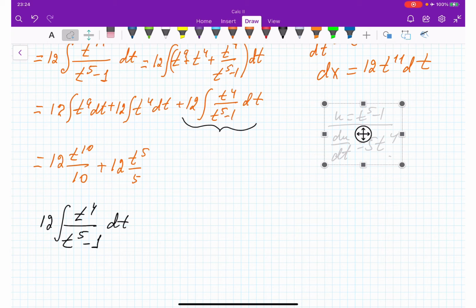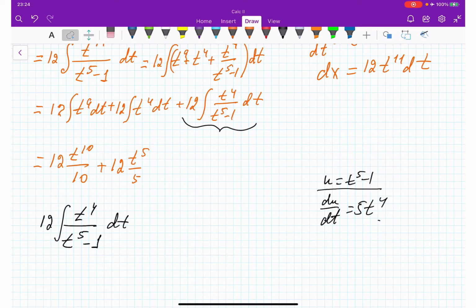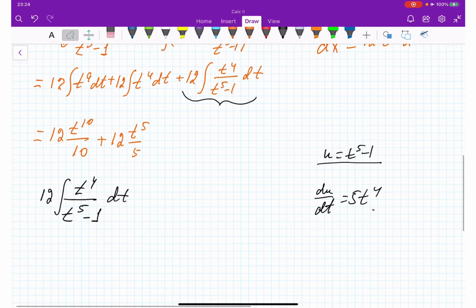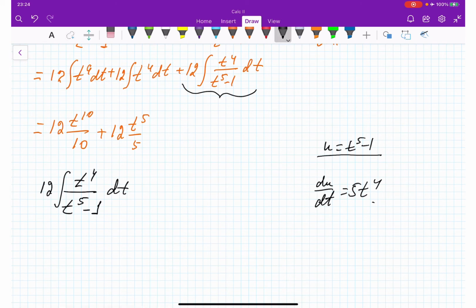I took the denominator, right? t to power 5. Why? Because once I take the derivative, I get 5t to power 4, and I have t to power 4 in the numerator. Okay? So from here, du by dt is equal to 5t to power 4. And from here, du is equal to 5t to power 4 dt.